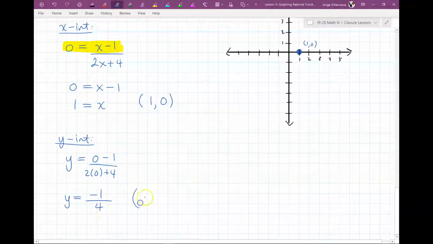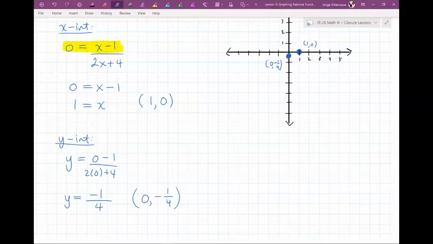That means my y-intercept is at (0, negative 1/4). So right here, and I'm just doing a guesstimate. (0, negative 1/4). Great.